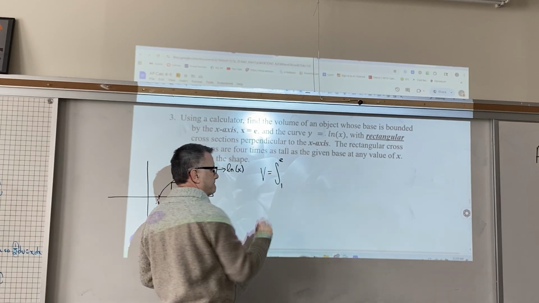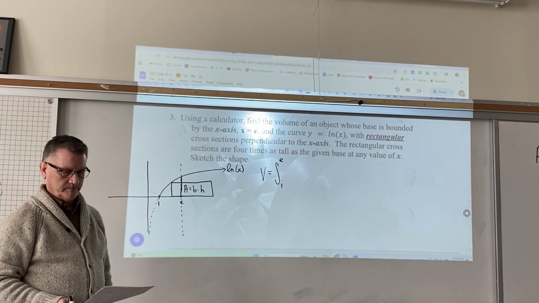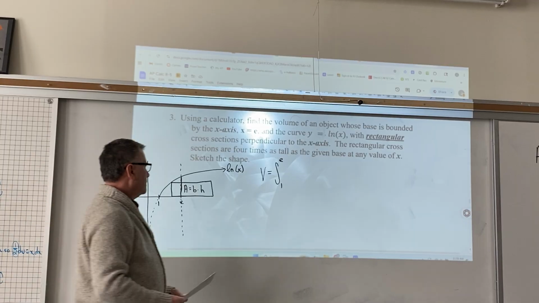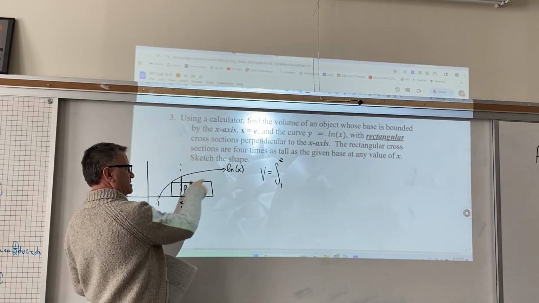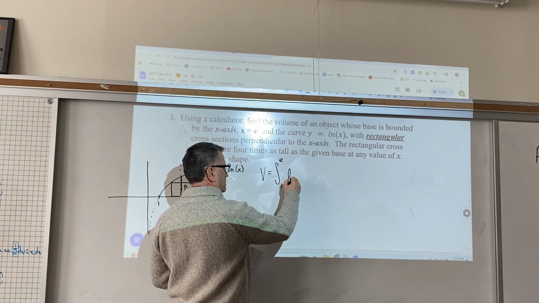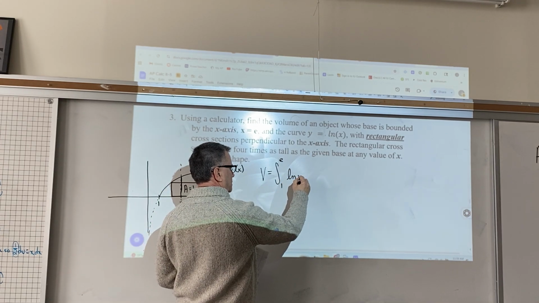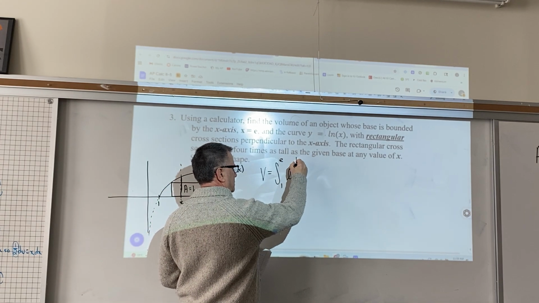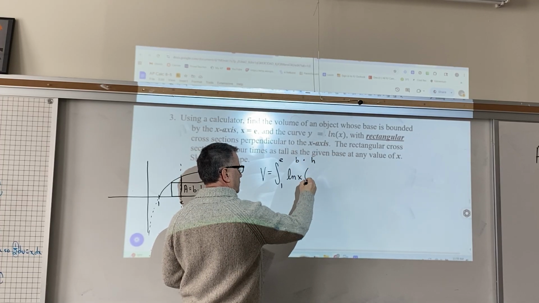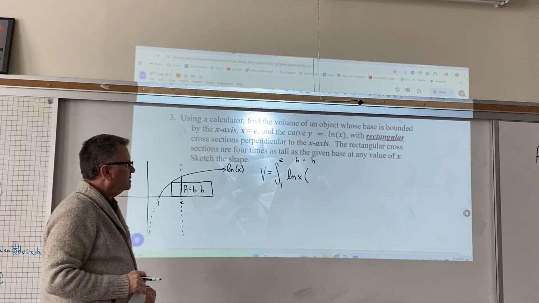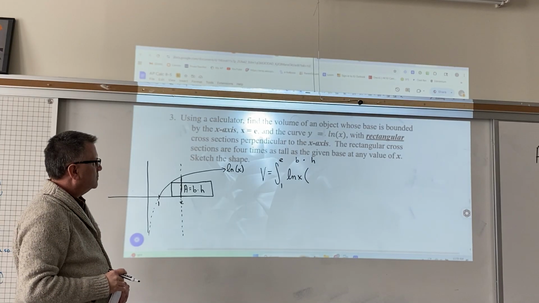Volume equals. Going from 1 to E. The base times height, so base is this thing, right, ln x? And the language told me the height was 4 times the base.